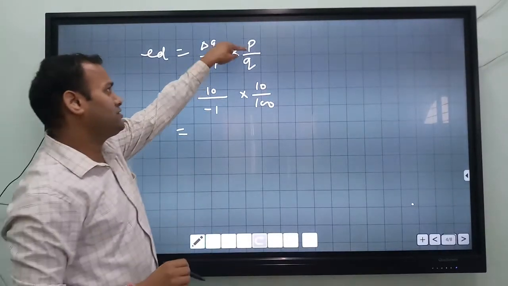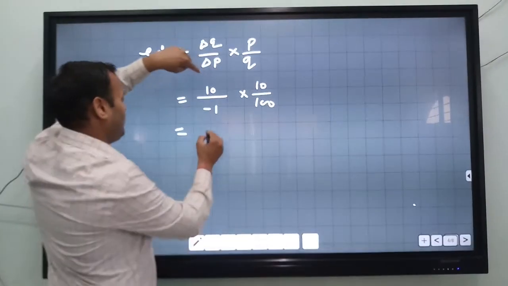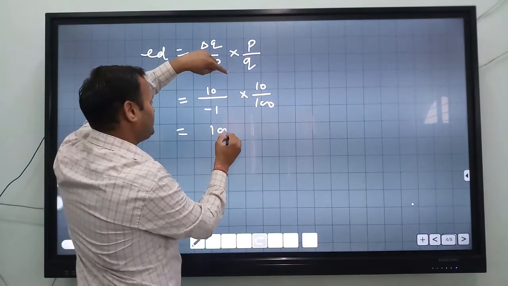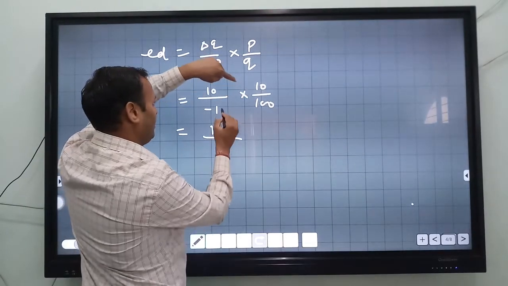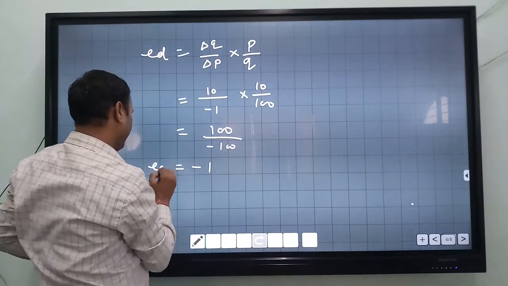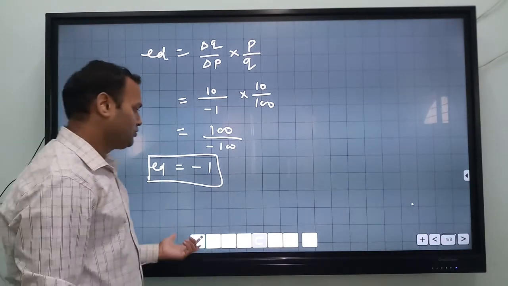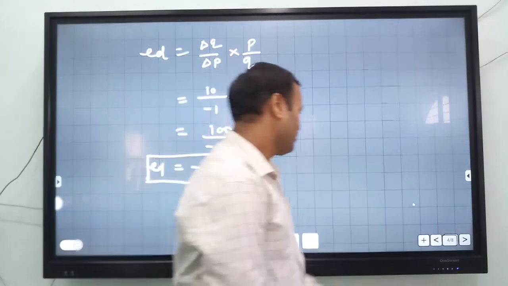Now multiply 10 into 10, that is 100. So minus 1 upon 100 gives minus 100 in the denominator part. So what is the value of elasticity of demand? Minus 1. By using the formula we can solve the questions.